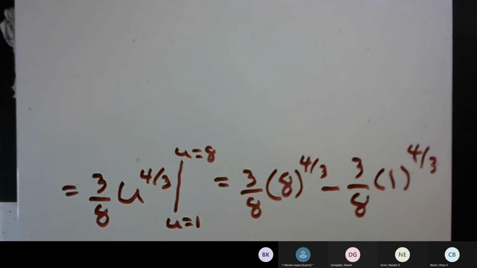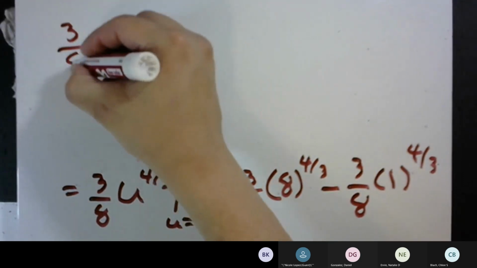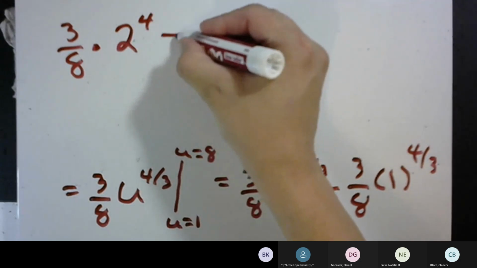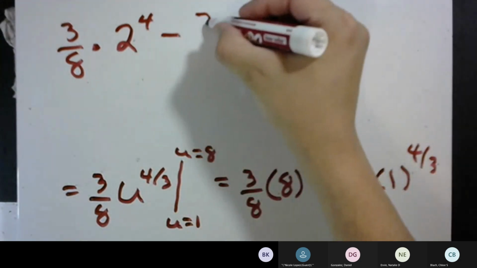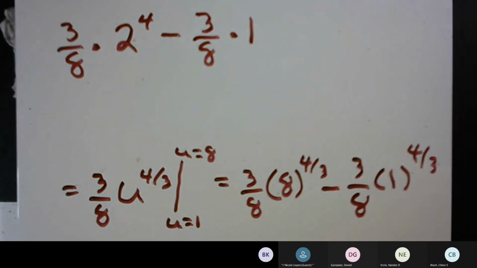So 8 to the 4/3, we have 3/8, comes out to 2 to the 4th, minus 3/8 times 1.